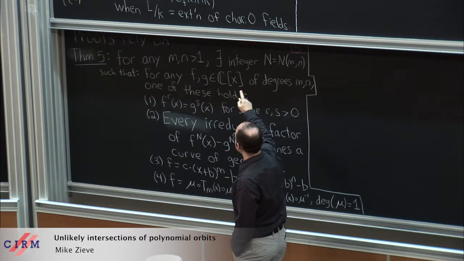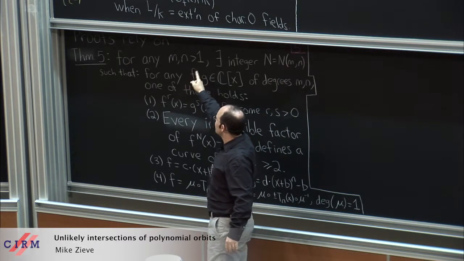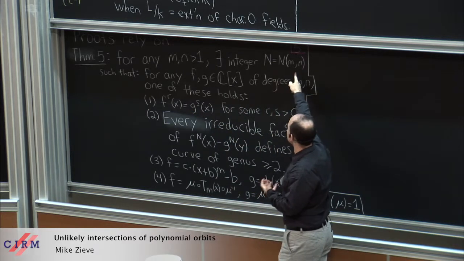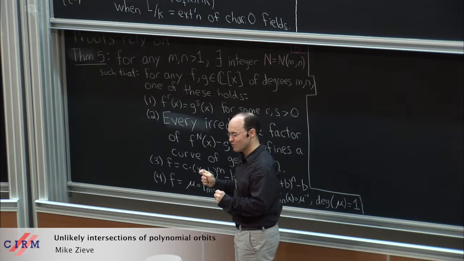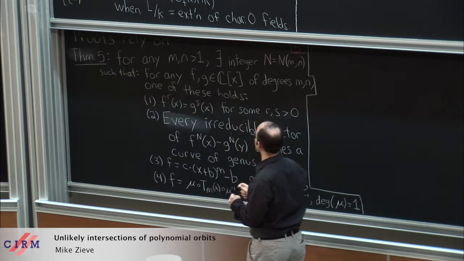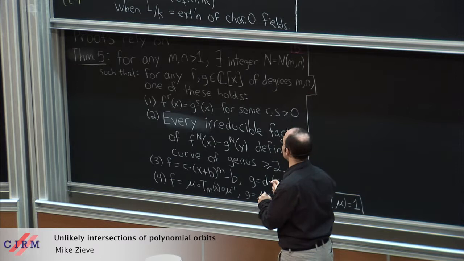So the crucial point is that if you start with any integers bigger than 1, I can give you some explicit integer, and with a little more work I can give you a formula for it. I just haven't had time to work out exactly what it is.